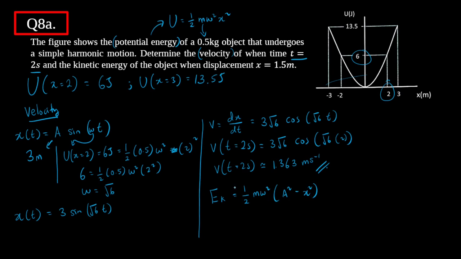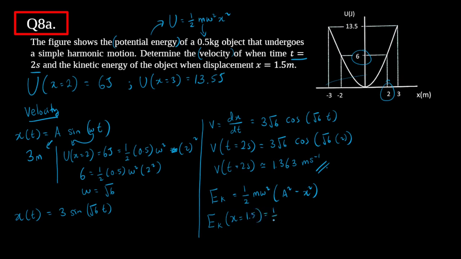I know this because half m omega squared a squared is just the total energy. All right, so I can simply substitute the values in. I want to look for EK when x equals 1.5.